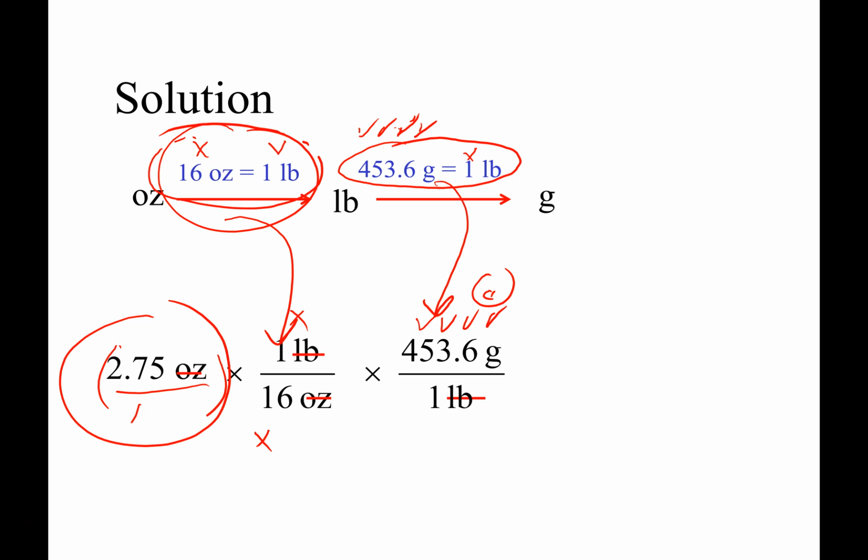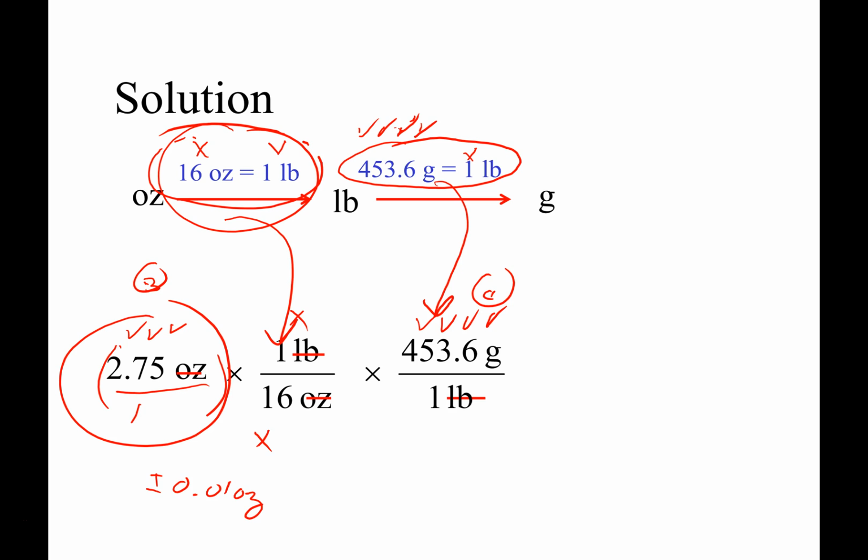It's probably 2.75 ounces plus or minus 0.01 ounces. There's uncertainty there. So how many sig figs? 3. Okay. So how do we need to round our answer? 3 or 4? 3. Yep, you got it.